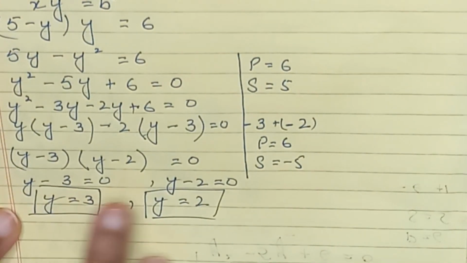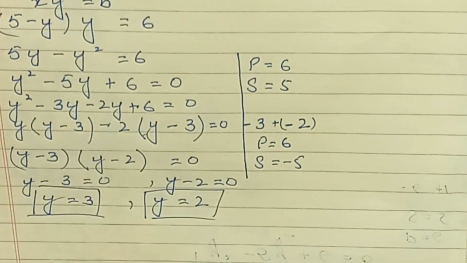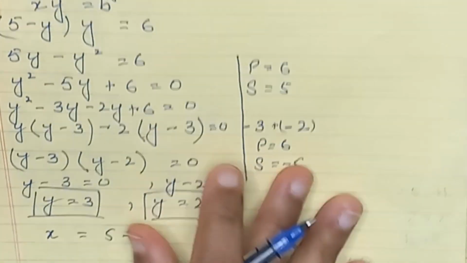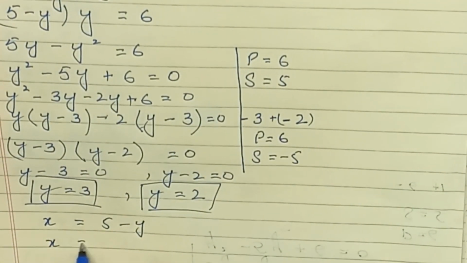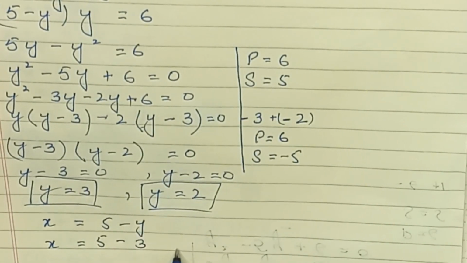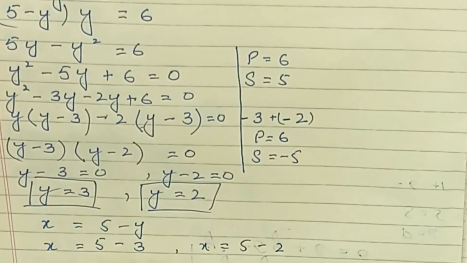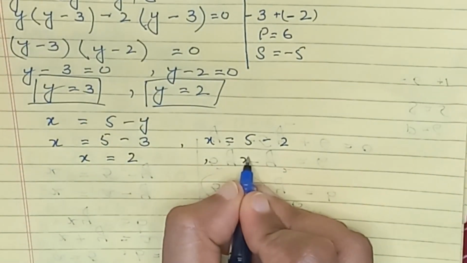Since the values of y are 2 in number, the values of x should be 2 in number. So x is equal to 5 minus y. For y equal to 3, x is 5 minus 3, and for y equal to 2, x is 5 minus 2. So from here x is equal to 2, and from here x is equal to 3.